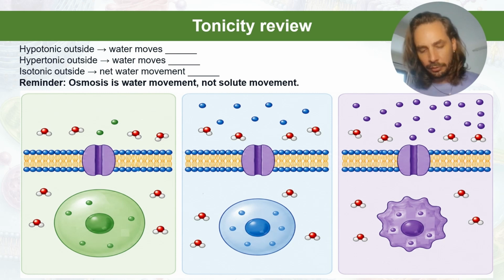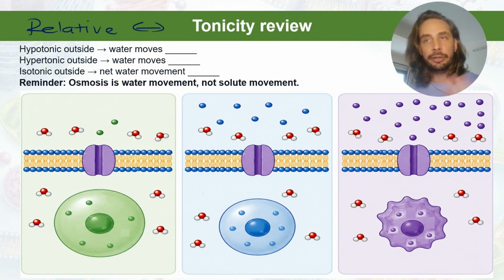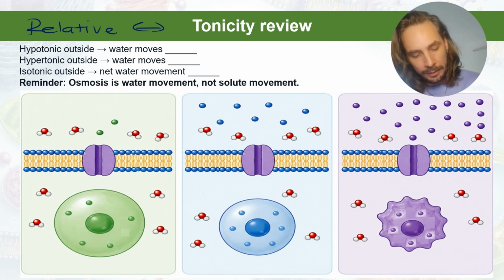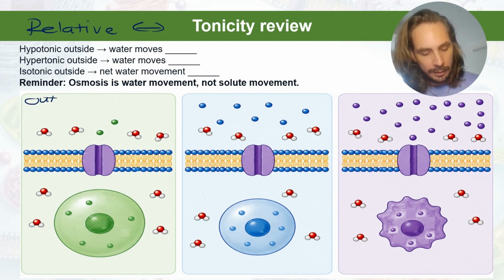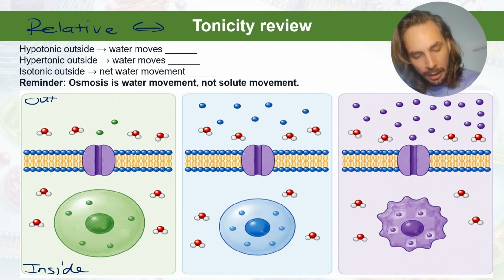Now, for tonicity review, and remember tonicity is relative, so we need to be able to compare it between two solutions. This is on the outside of the cell, and this is on the inside of the cell. So the first one, a hypertonic solution on the outside, where would the water move?